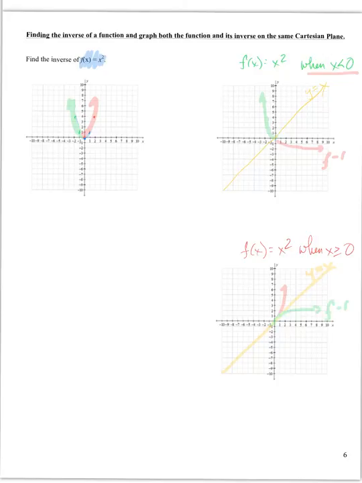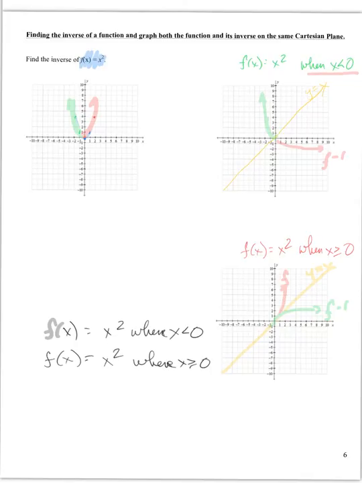And its inverse is also a function. So if we restrict the domain of the function to try to find the inverse, we see that each of those pieces does in fact have an inverse. So f of x equals x squared, where x is less than 0, has an inverse, and f of x equals x squared, where x is greater than or equal to 0, also has an inverse.